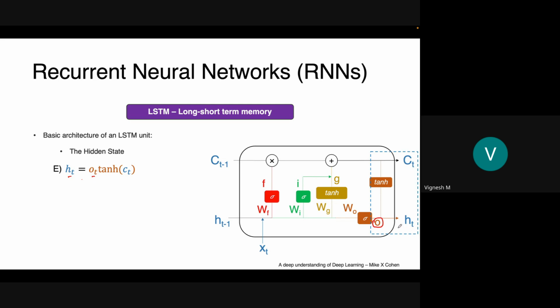So at the end of the day, the hidden state is nothing but a combination of something from the previous, which is the short-term memory, and something from the long-term memory, right? A part of the short-term memory is there, a part of the long-term memory is there, and both of them are represented at the current given state.